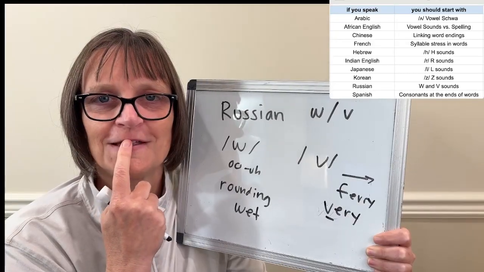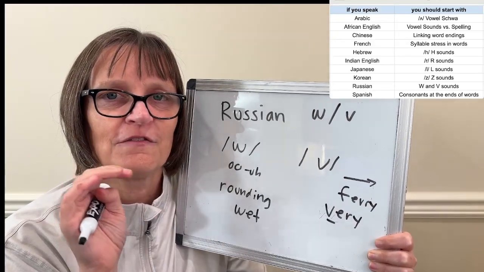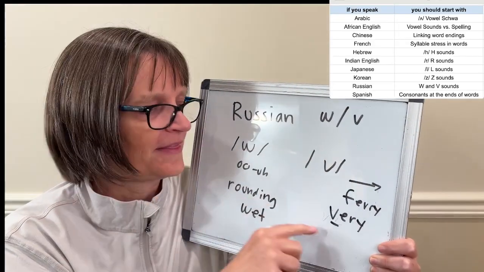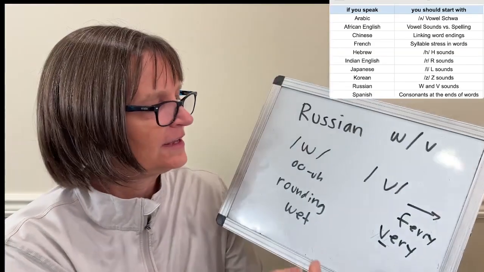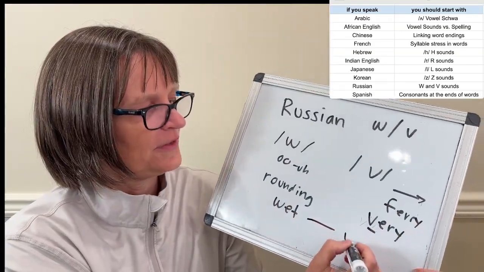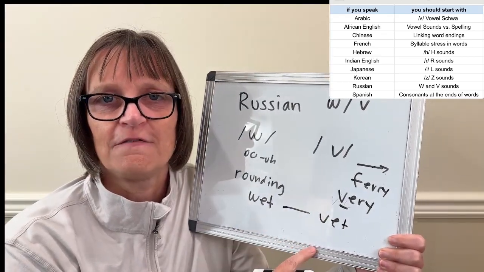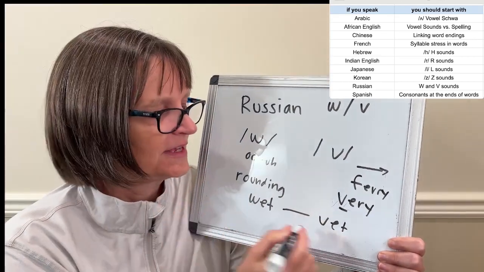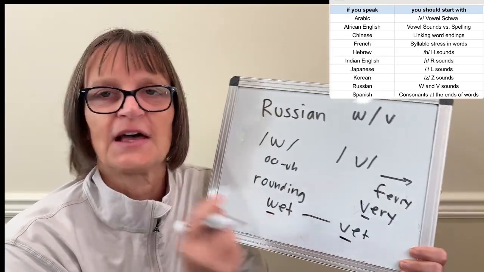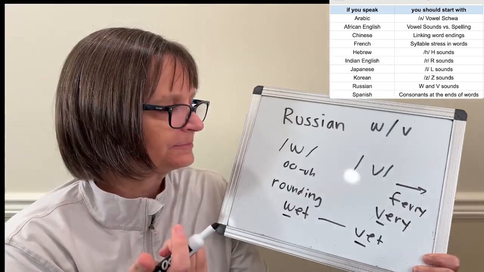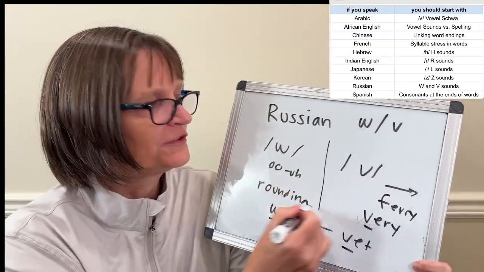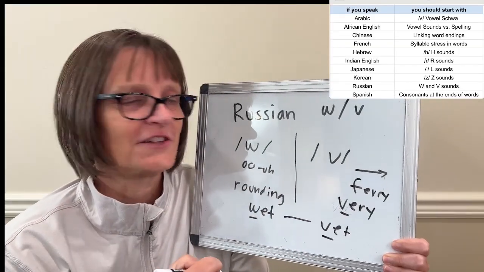So my upper teeth and my lower lip connect to restrict the air to make that continuing fricative sound. So I want to be able to make sure that when I'm saying wet, I'm using just my lips. Vet, I'm using my teeth and my lips. And this sound can continue. This sound, W, cannot. You can get lots of help for W and V here on the channel and in our Sounds of English course.